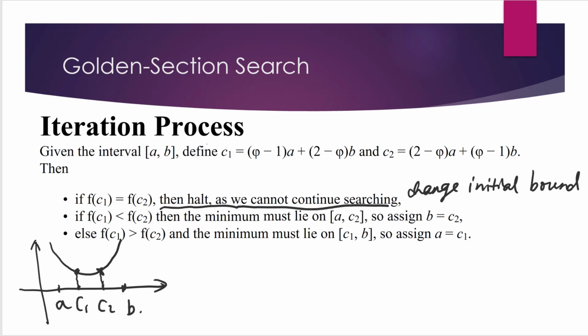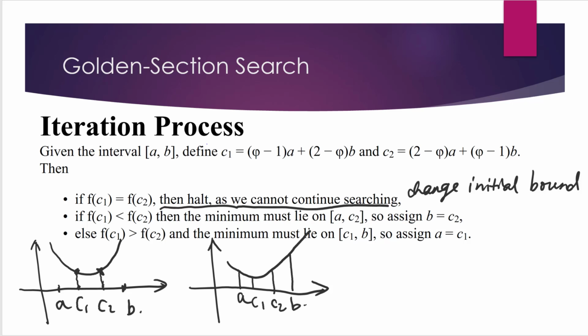The second scenario is that if f(c1) is less than f(c2), for example, as shown here, if we have a function, so this is a, this is b, and this is c1, this is c2.